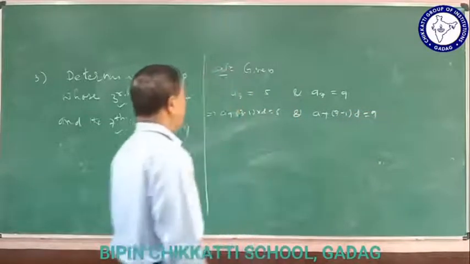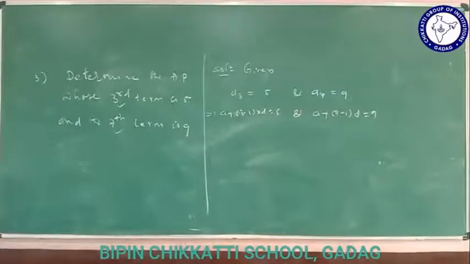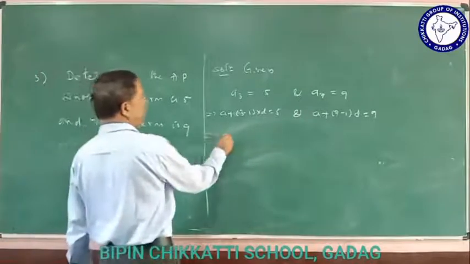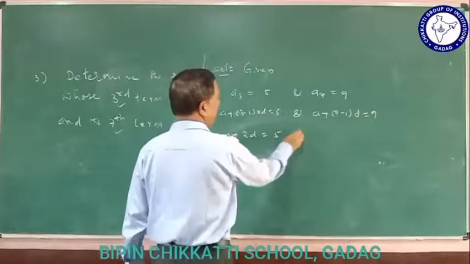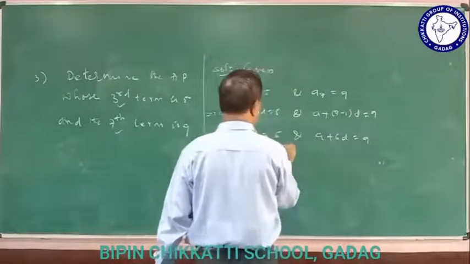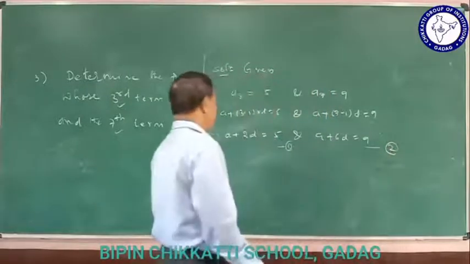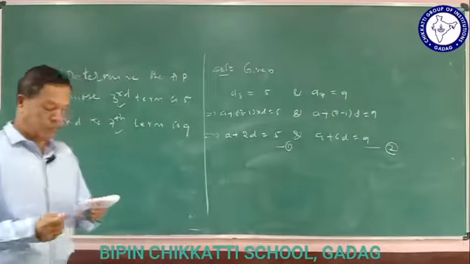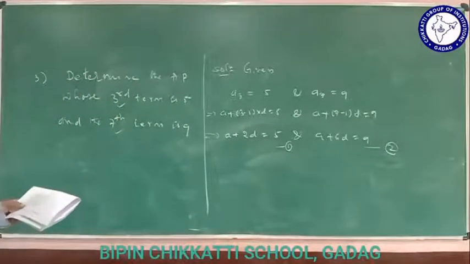We are writing according to the formula only, and now you simplify this. A plus 3 minus 1 means 2D is equal to 5, and A plus 6D is equal to 9. This is equation number 1, and this is equation number 2.